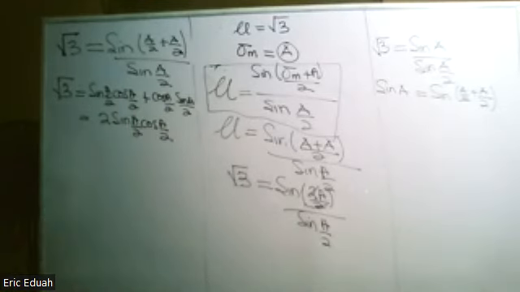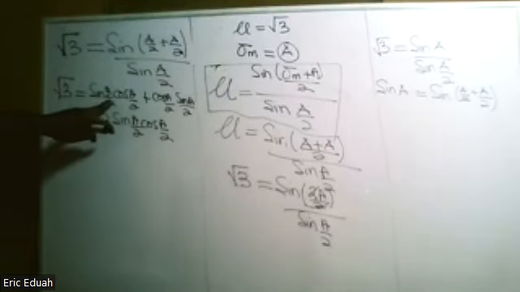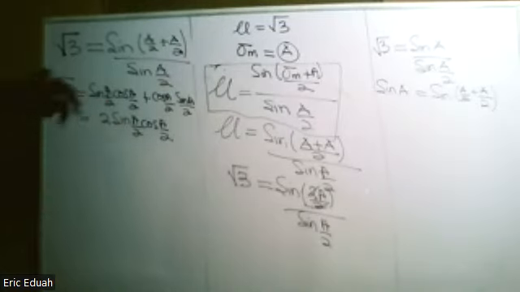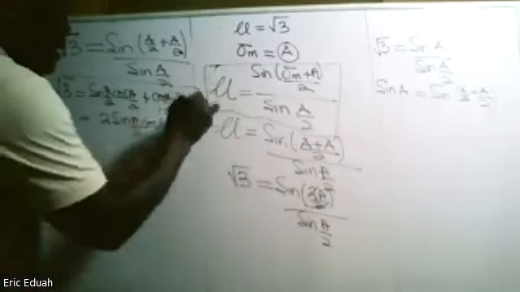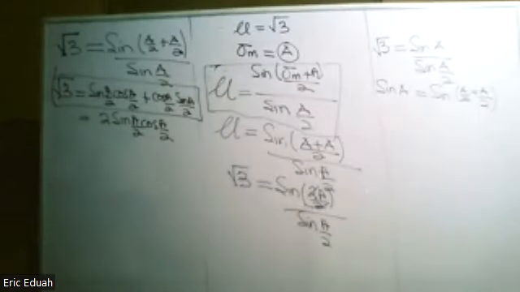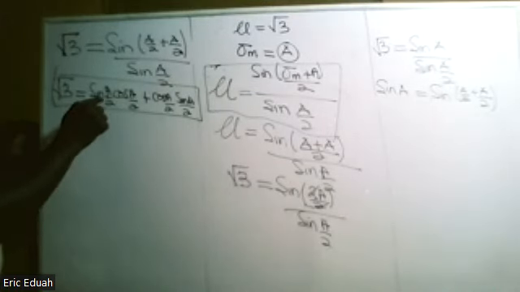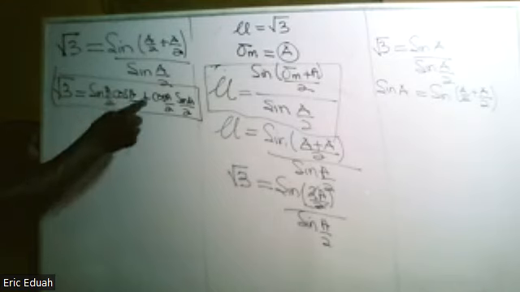Please, I don't understand how we had the sine A on 2. Where? Here? Are you okay with this part? Then all that I'm saying is that x times y is the same as y times x.